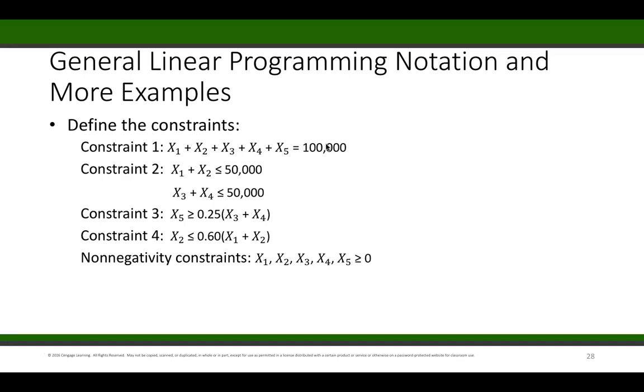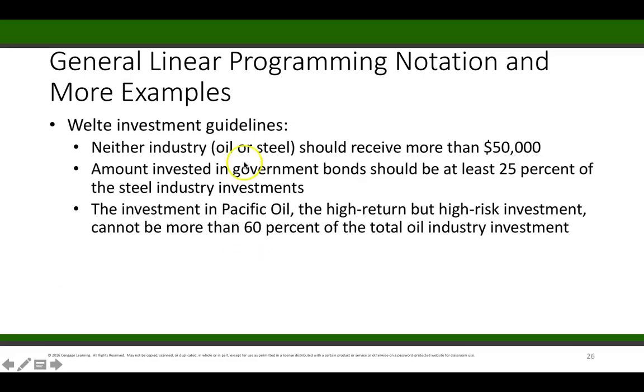So given that's the case, you're going to say that the total amount invested in all five investments has to add up to equal exactly $100,000. Not less than $100,000, it should be equal to $100,000. Right? That's the first constraint. Let's look at the second constraint. The second constraint says that neither industry, oil or steel, should receive more than 50K.